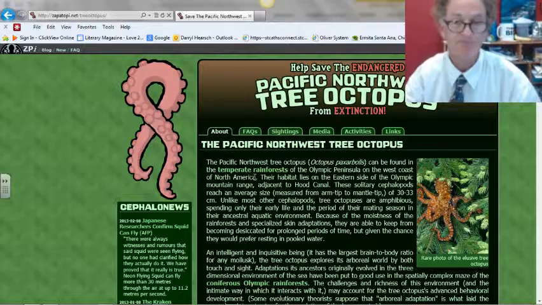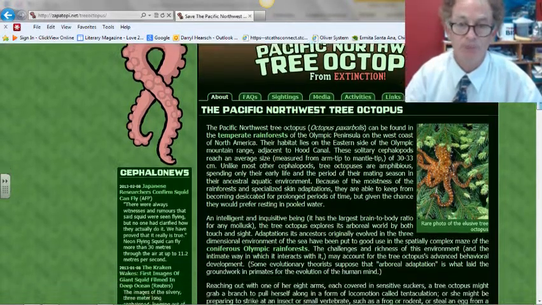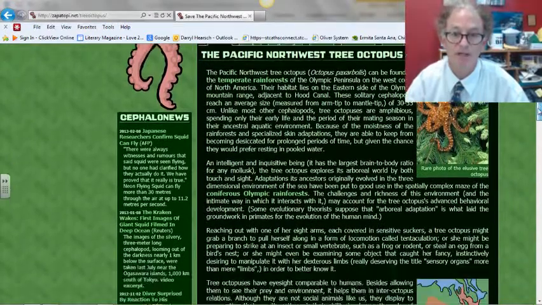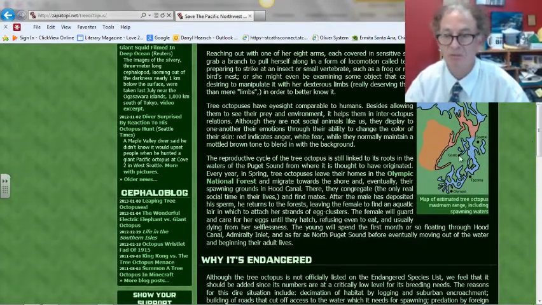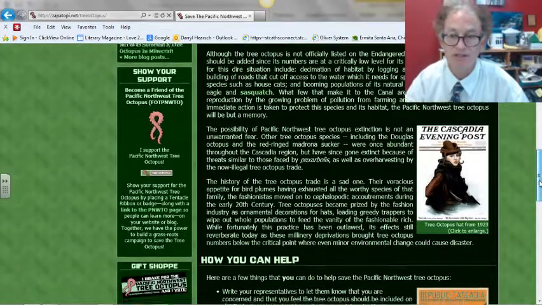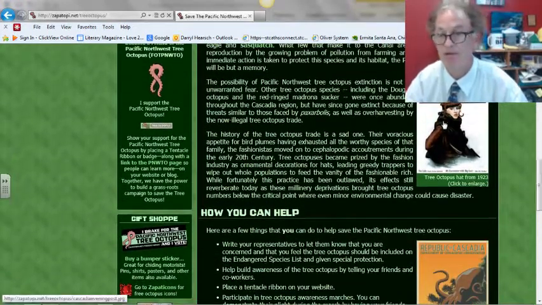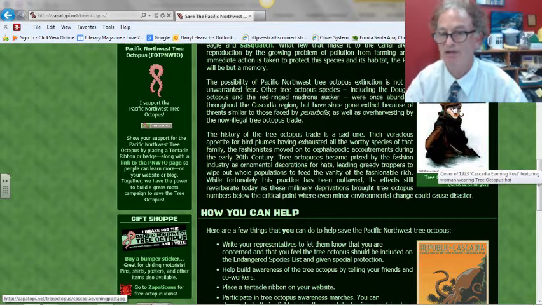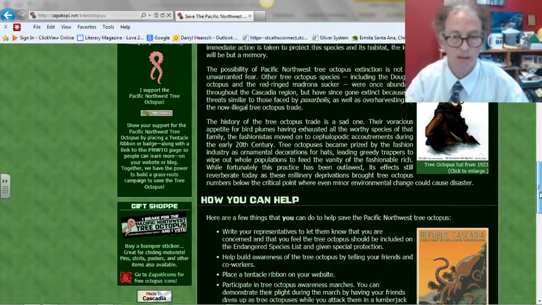Let's go back. Alright, so we've got some basic information here about the tree octopus, where it's located, why it is endangered. Notice here we've got a reference to a newspaper article called Cascadia. Never heard of that place. A little bit interesting here is a person wearing a tree octopus hat.